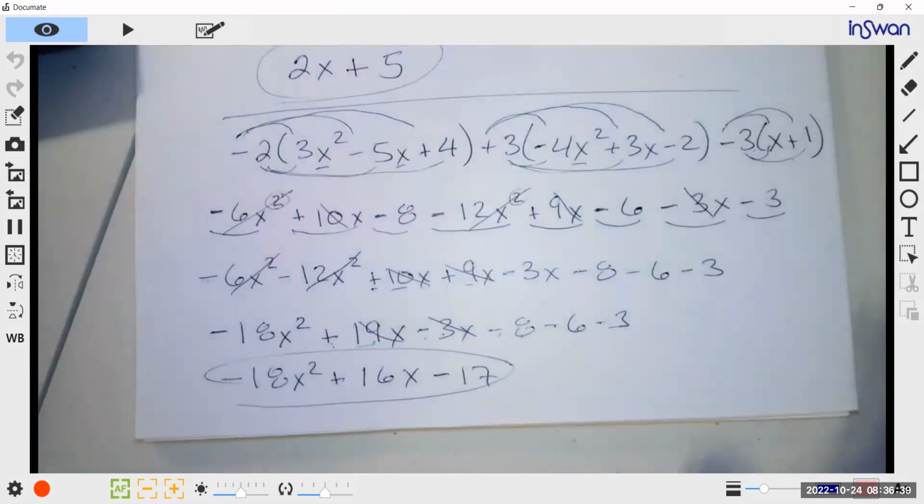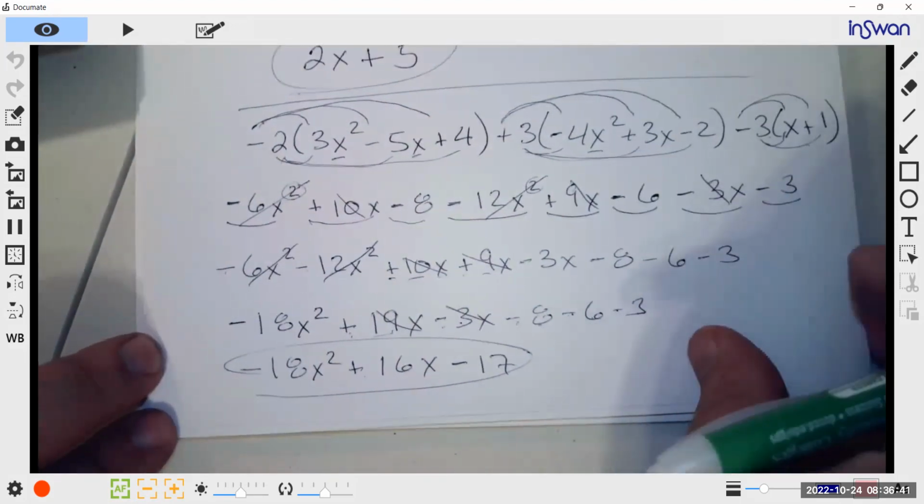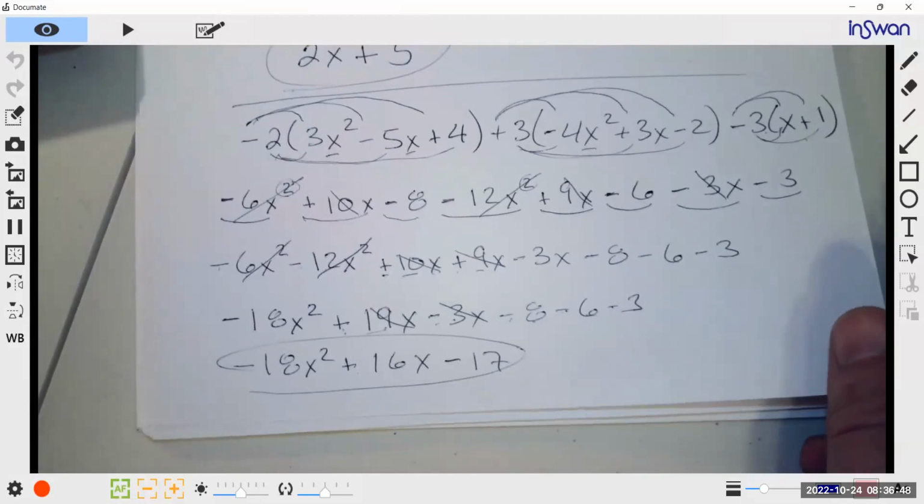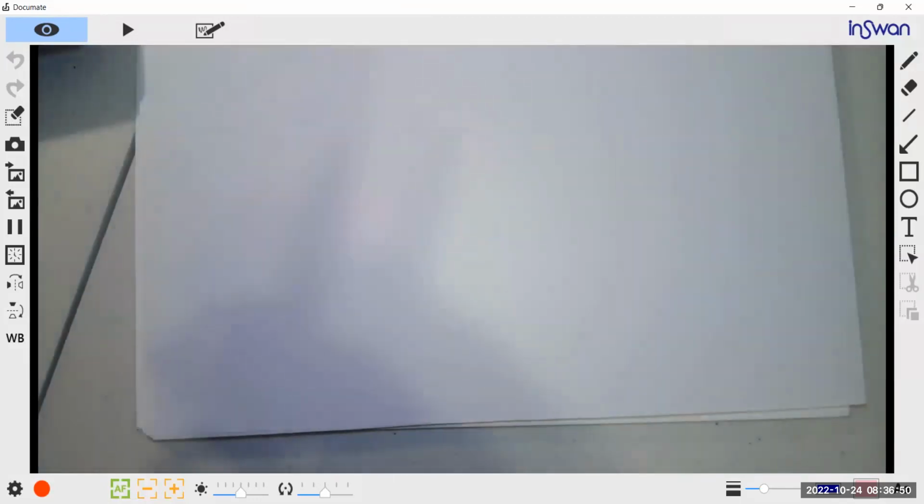Whenever you add and subtract, write that down in the next one.